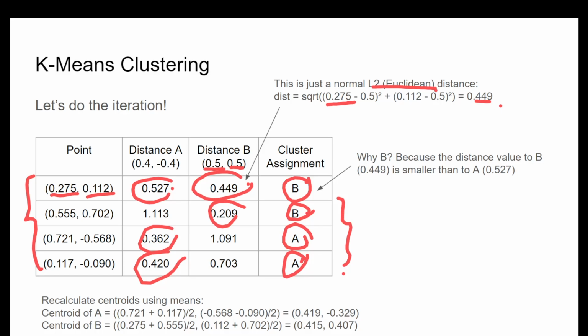In order to recalculate that one, you can simply use the normal mean for the data. I'll say sum over i from 1 until n.